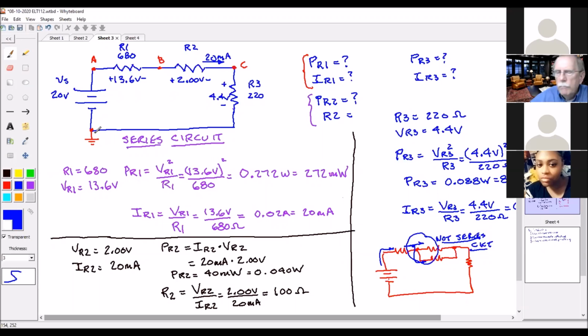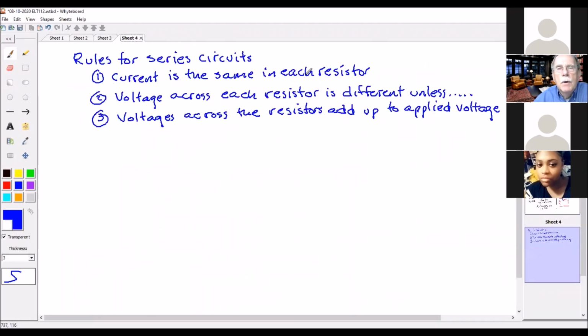Okay, so when we were all done, the last thing we wrapped up with was the rules, and there are going to be some more, but the rules for the series circuit said that the current is the same in each resistor. The voltage across the resistor is different unless, and I left that for a little tease, and the voltage across the resistors add up to the applied voltage.